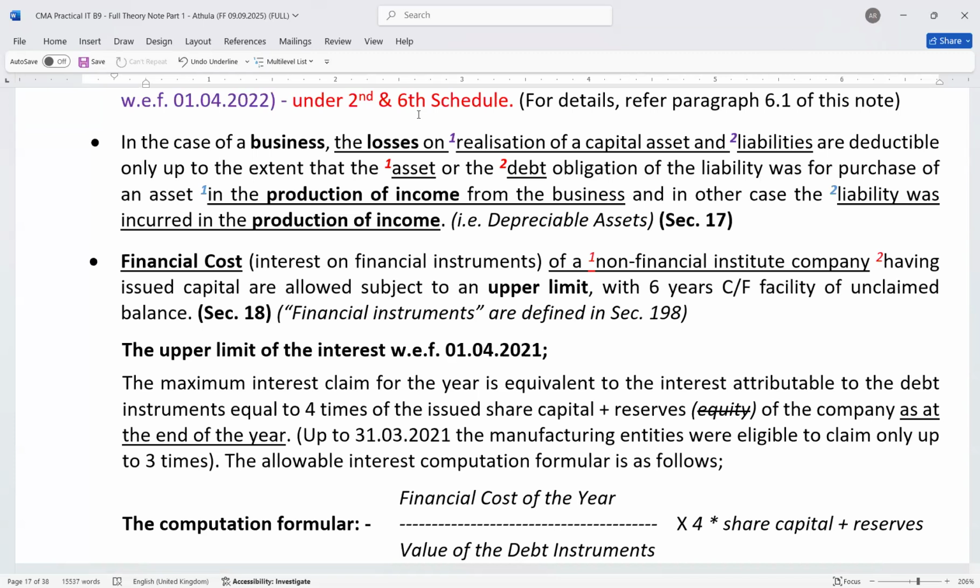If it is only for the production of income, then you are eligible to claim. Or the liability should be for the production of income. That means we obtain a bank loan to purchase a machine. Then the loan is for production of income, therefore you are eligible. Now we'll move to the next one.